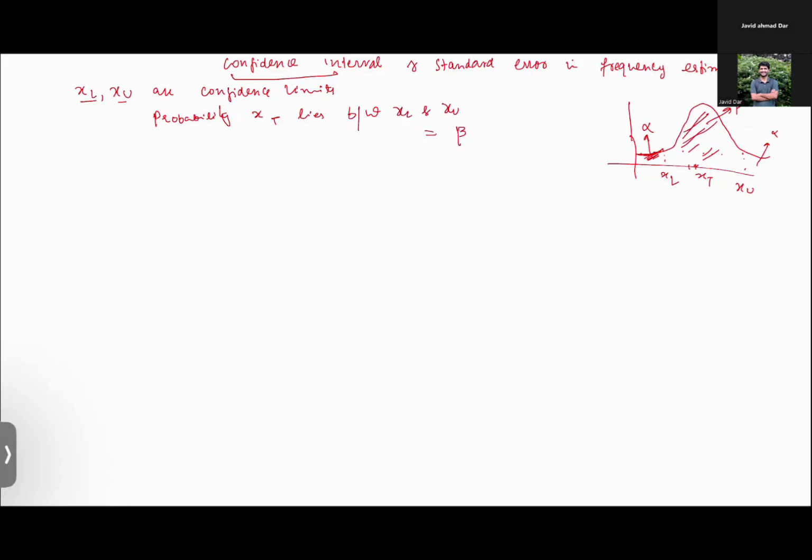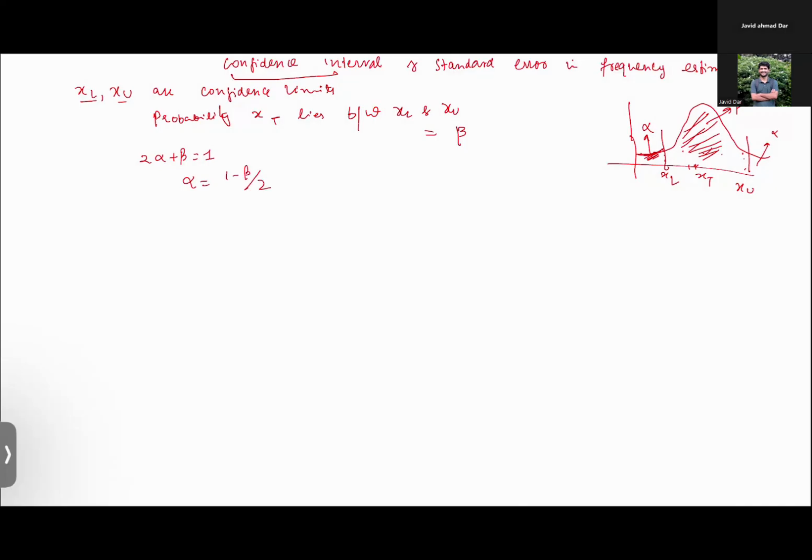That's the area under this curve. Since the total area under this probability curve is 1, 2 alpha plus beta has value 1. So alpha is going to be (1 minus beta) divided by 2.